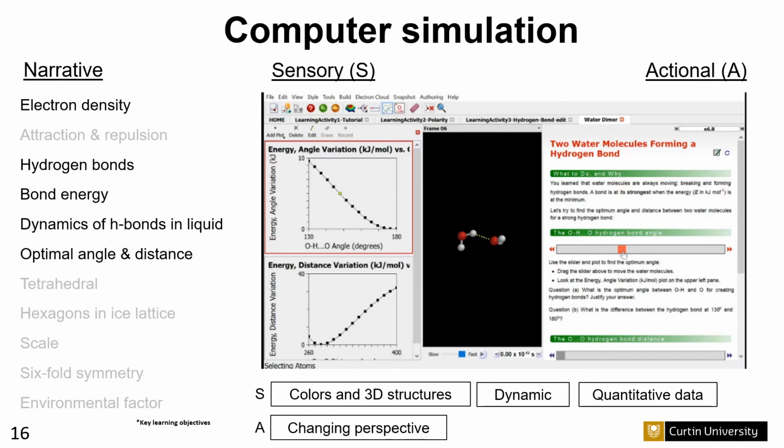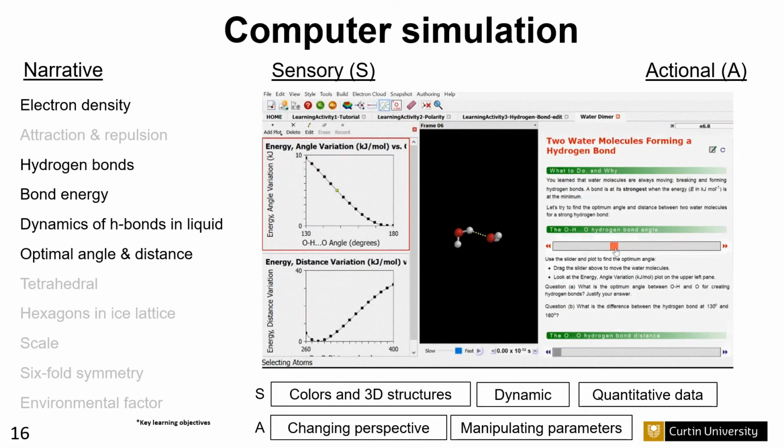And finally, they have these graphs of optimal angle and distance in relation to energy. What they can do here is manipulate parameters by changing the angles and distance of two water molecules and see how changing those angle and distance change the energy and strength of the hydrogen bond. By doing this, they can learn about optimal angle and distance of two water molecules interacting with each other.